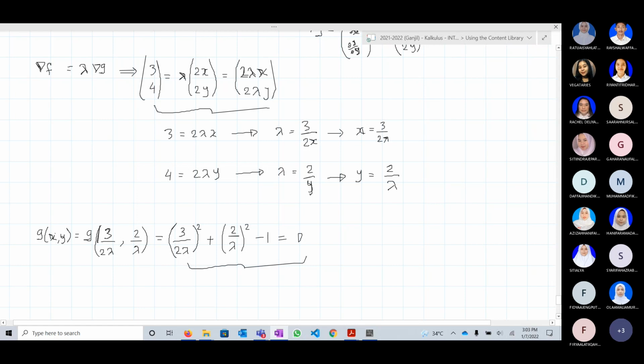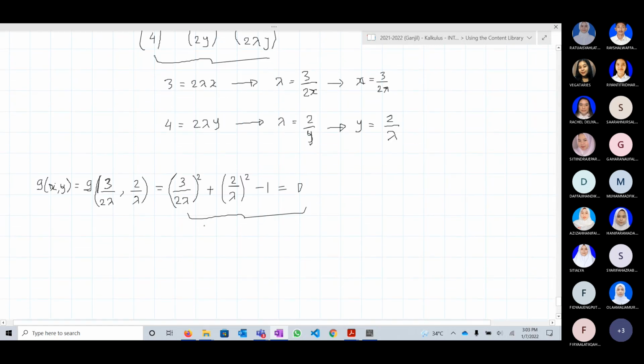From here, we have that 9 over 4 lambda squared plus 4 over lambda squared equals to 1, meaning that we have lambda squared equals to 25, which means that lambda must be plus minus 5.